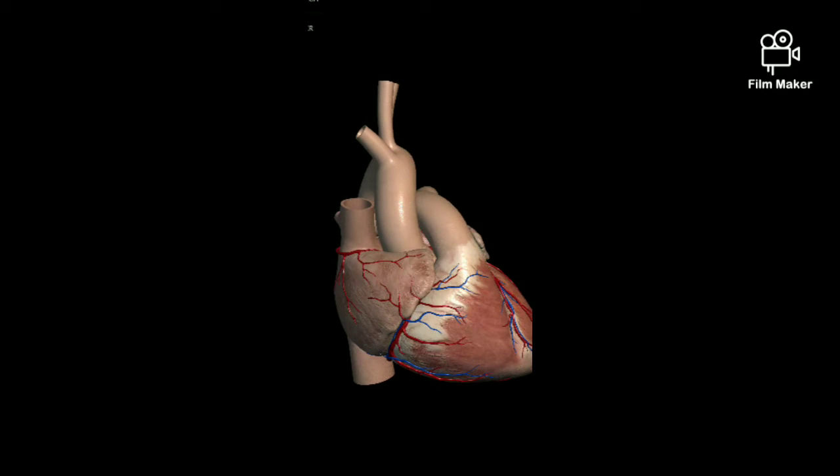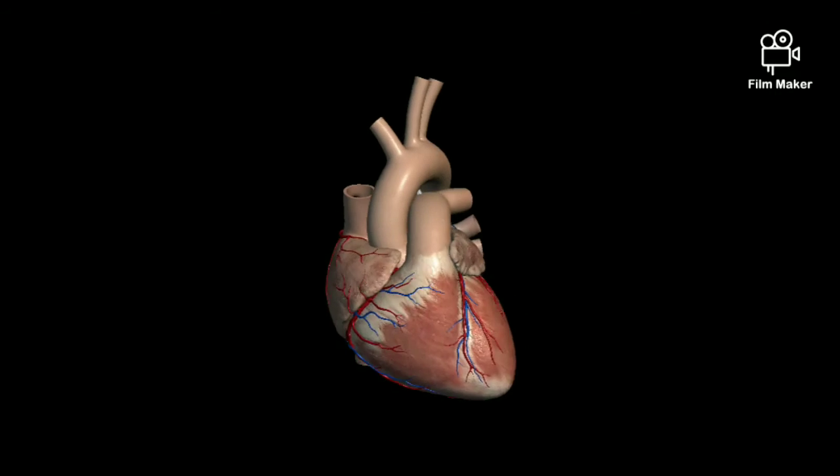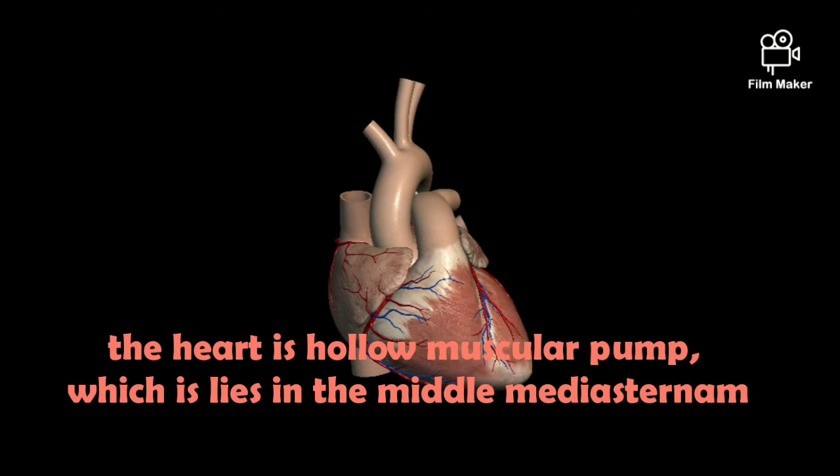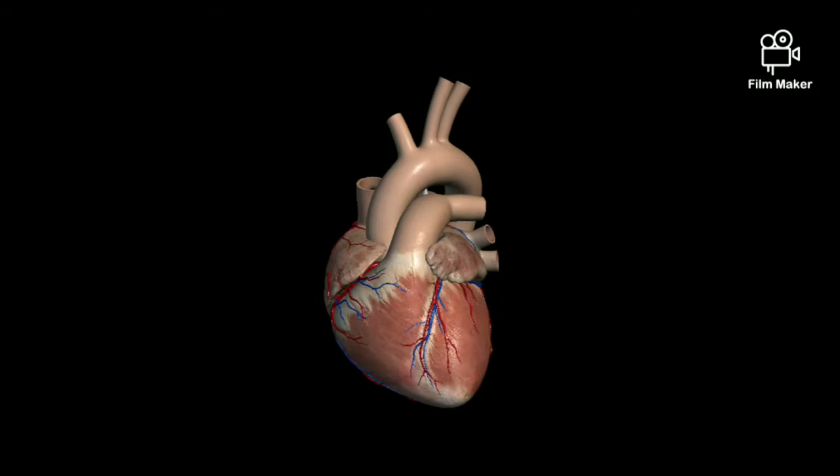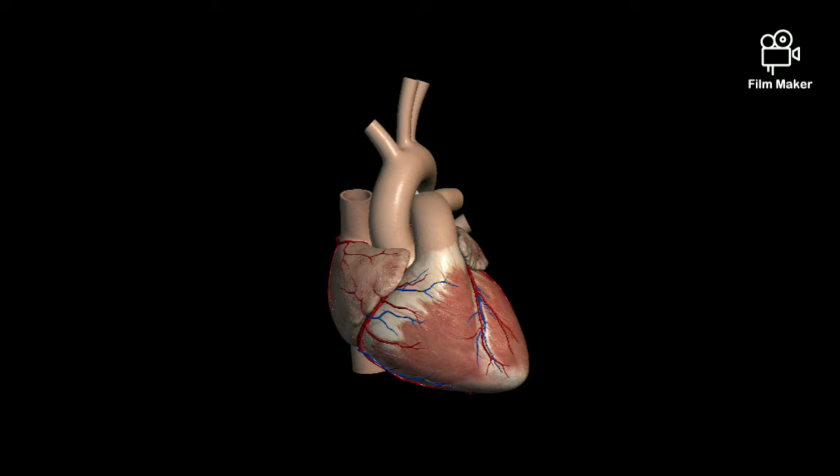What is the heart? Basically, the heart is a hollow muscular pump which lies in the middle mediastinum. On its surface, it has several distinctive features which are of anatomical and clinical importance.